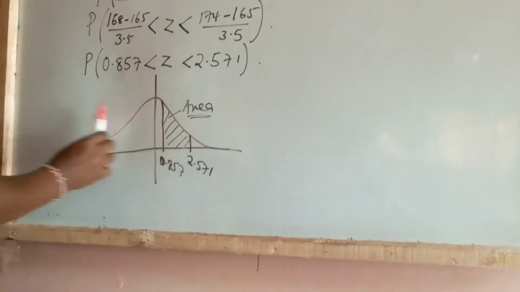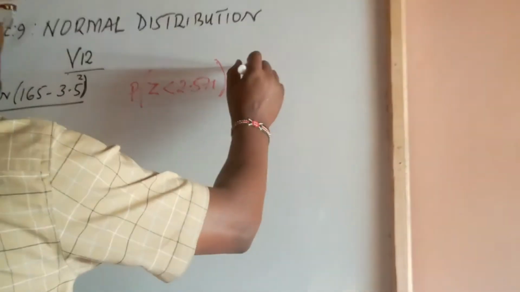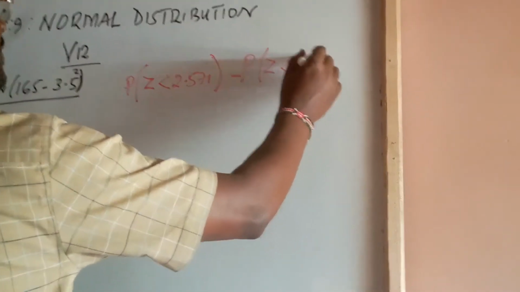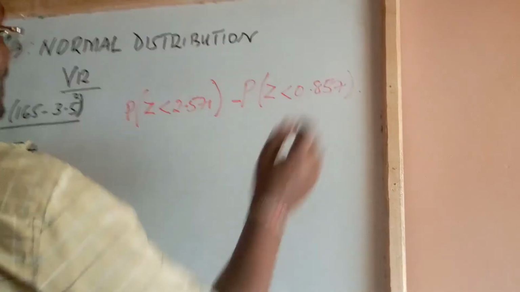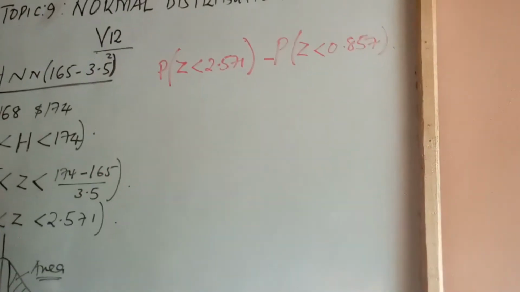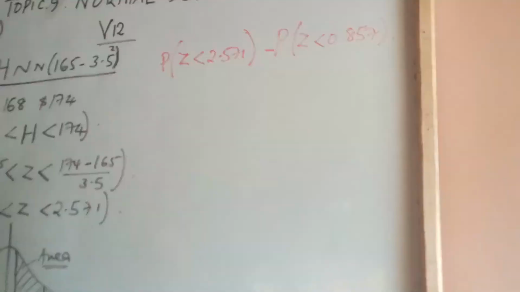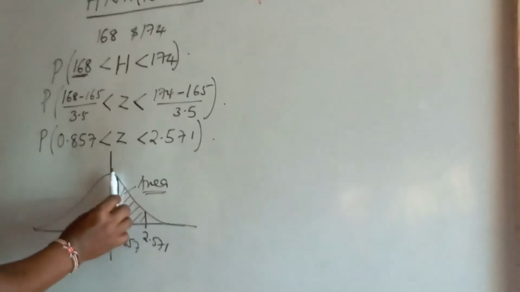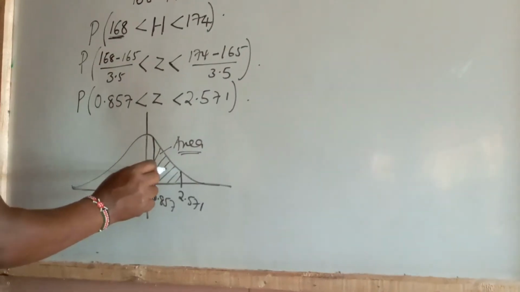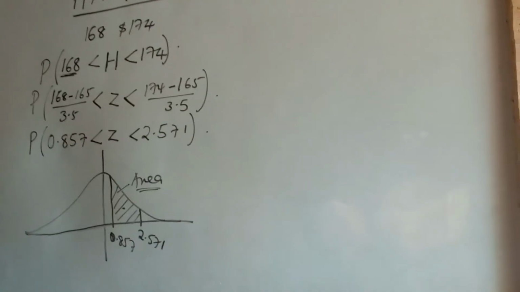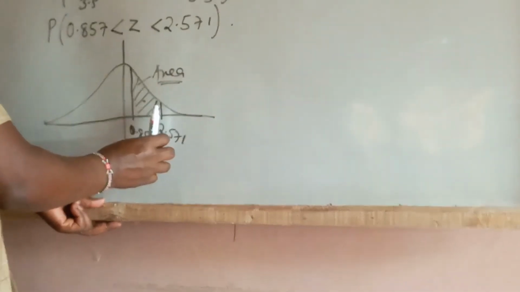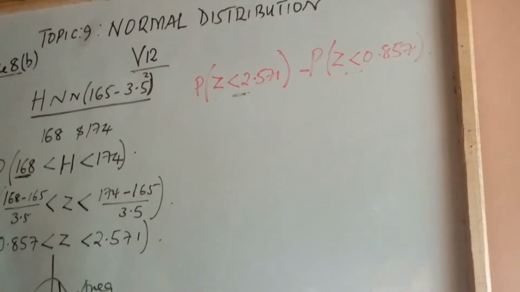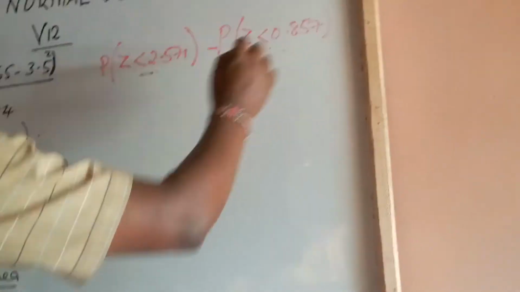If we take the whole area to the left of 2.571 minus the whole area to the left of 0.857, then we will simply be left with the shaded region.